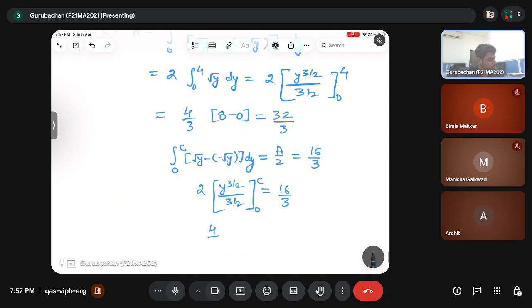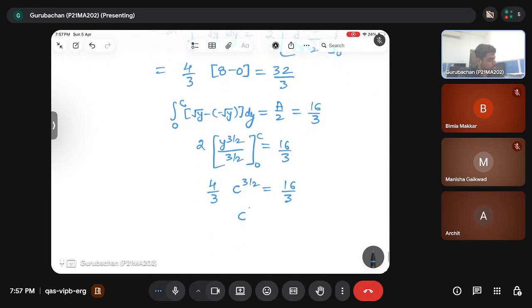So this will be 4 by 3 c to the power 3 by 2 equals 16 by 3. So c to the power 3 by 2 will be 4. That can be written as 4 to the power 2 by 3, or that can also be written as 16 to the power 1 by 3. Correct?